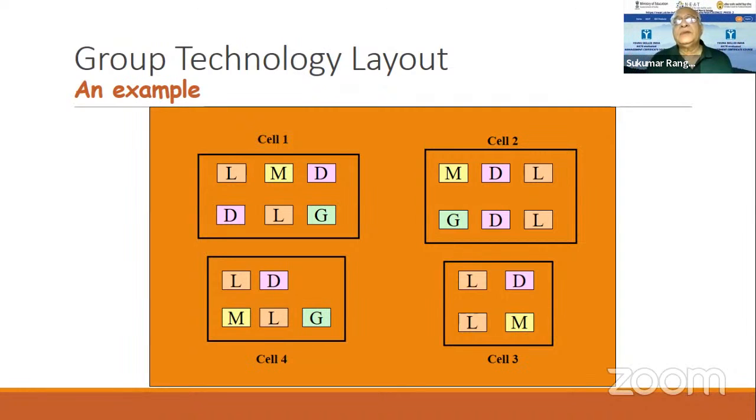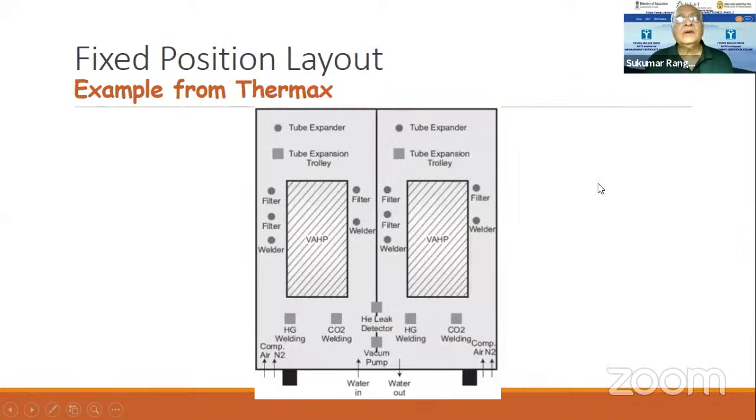but they have machines which are laid out in this way. Fixed position layout is where some of the very big machines, as I said, could be 400-ton presses, a huge painting base, or specialized welding, where things cannot be moved easily from one place to another.